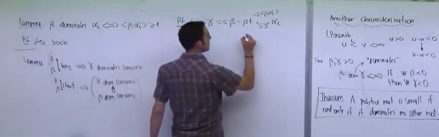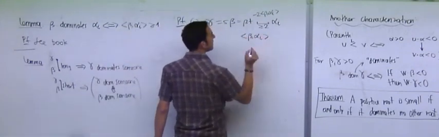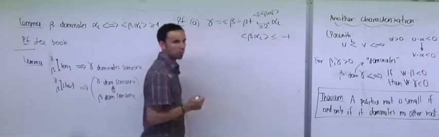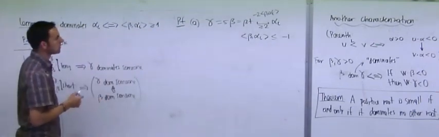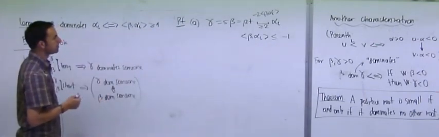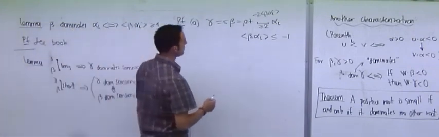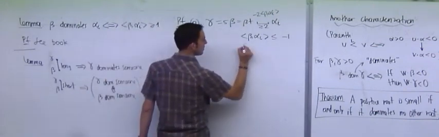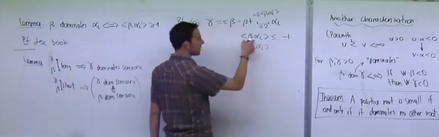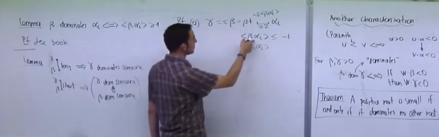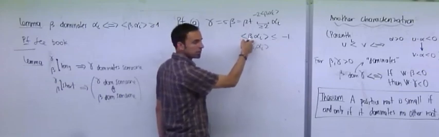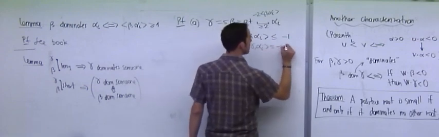So that means that the inner product of beta and alpha I is what? It's less than or equal to -1. Yeah? Now, if I just reverse this, I'm going to find that the inner product of gamma and alpha I is just the negative of this. Do you believe that? This is an easy exercise.